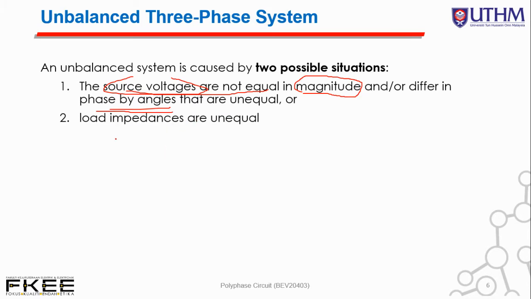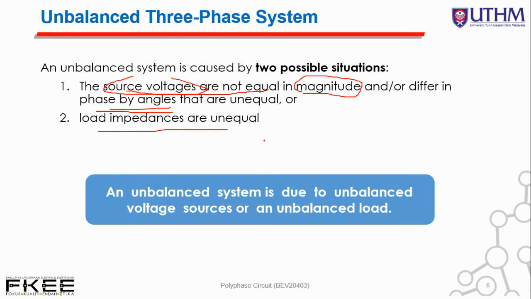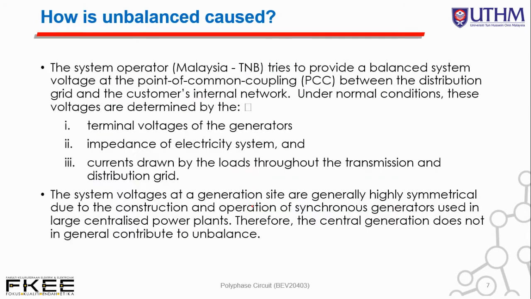Another possible situation is the load impedance itself. They are not equal, the Z value. Okay. So an unbalanced system is due to an unbalanced voltage source or an unbalanced load. These are the only two possibilities: either it is taking place at the voltage source, or it is occurring at the load.